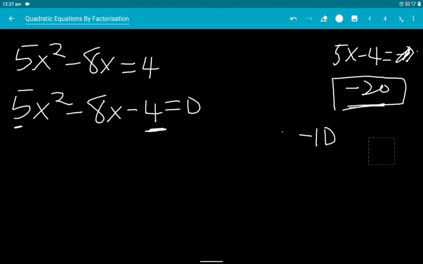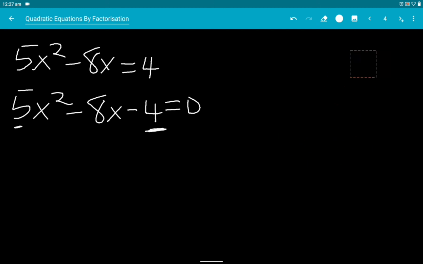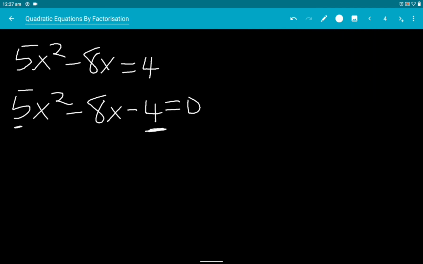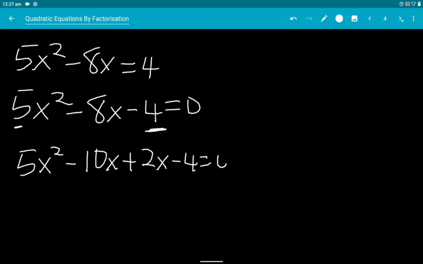So let me quickly get rid of these. Okay, from there, I can rewrite my whole equation as 5x squared minus 10x plus 2x minus 4 is equal to 0.